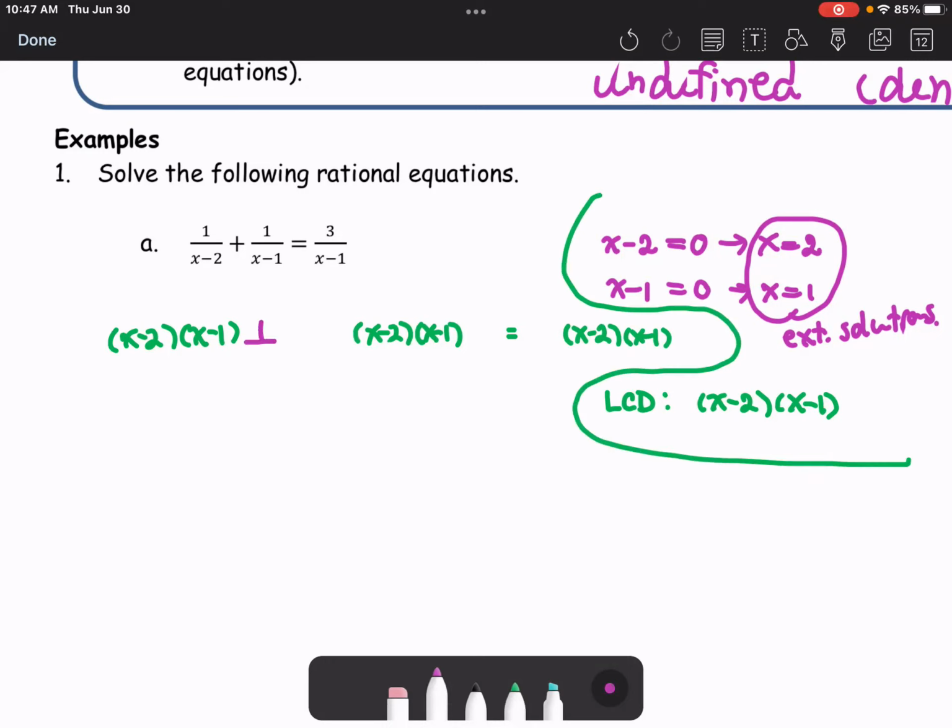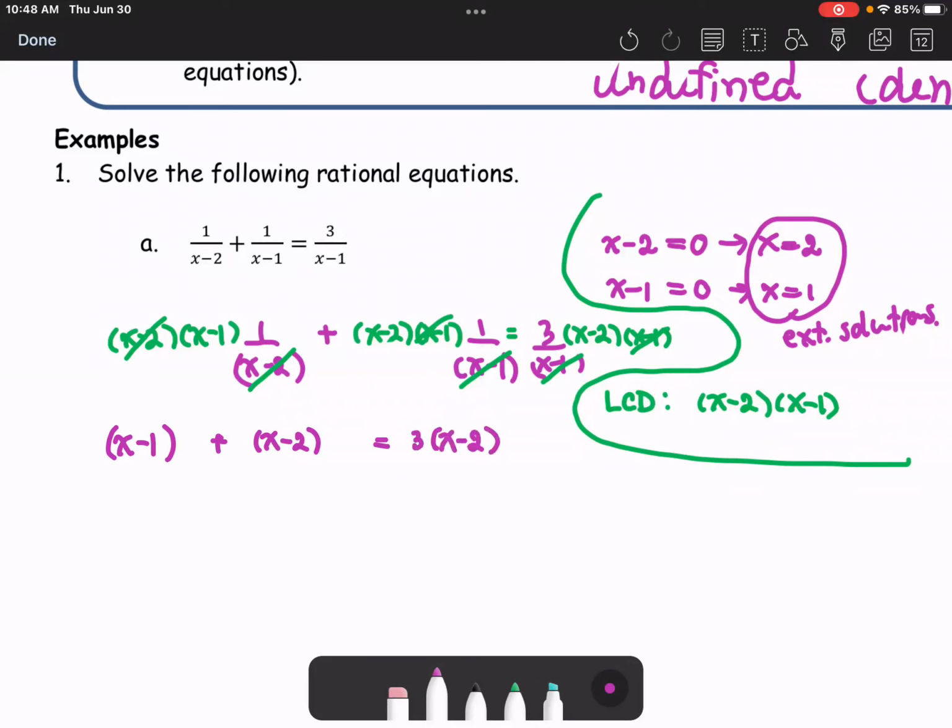Writing the original in different colors, we can see that the denominator of each term is reduced by one of the factors of the LCD. Then we get x minus 1 for the first term, added to x minus 2 for the second term, equals, on the right-hand side, 3 multiplied by the quantity x minus 2.